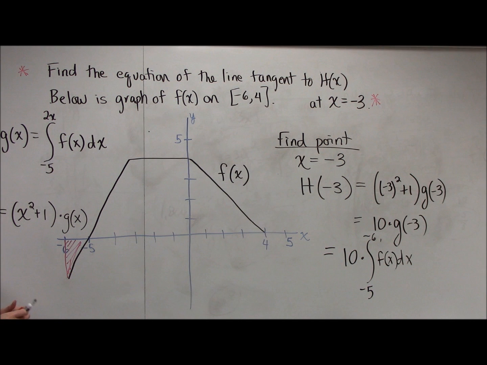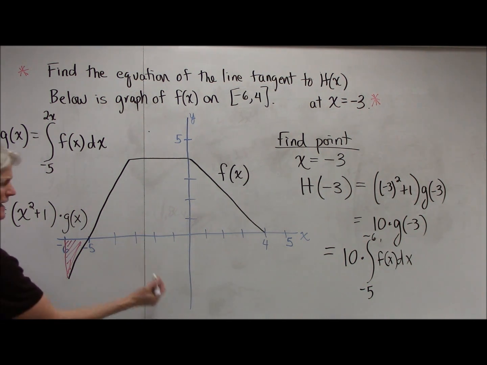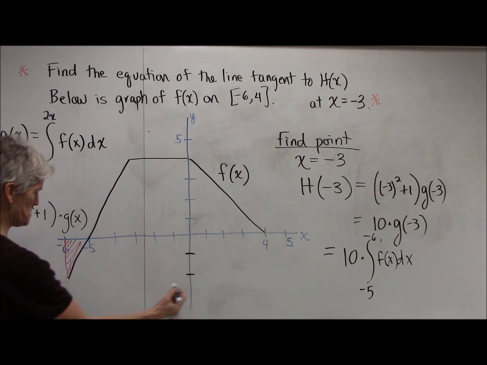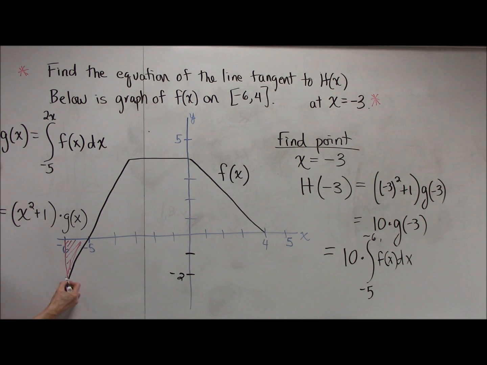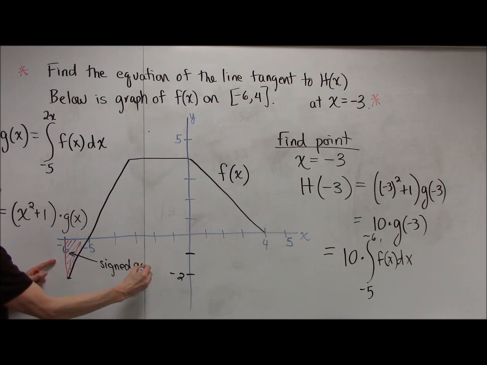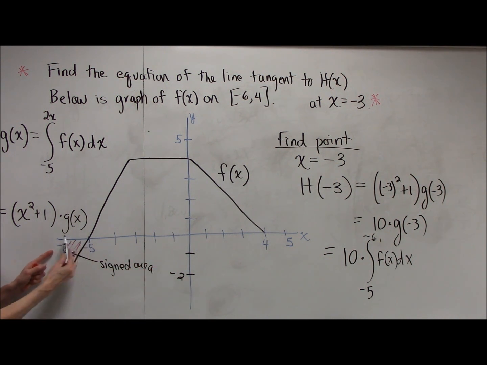That area. And I failed to tell you that that goes down to -2. So I'm finding the signed area from -5 to -6. First of all, let's just find that signed area. That looks like a triangle to me. So it's going to be 1/2 base times the height. This distance here is 2. This distance is 1.